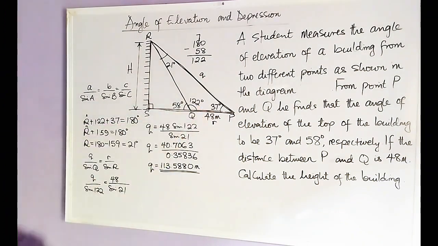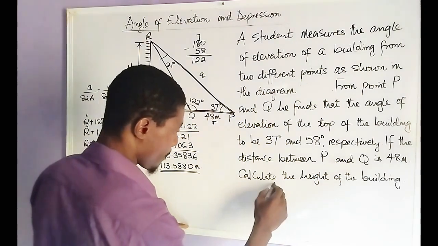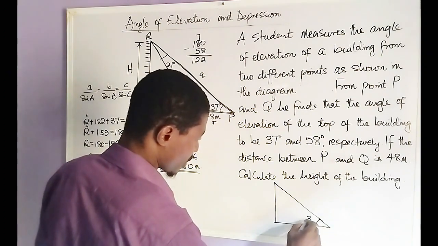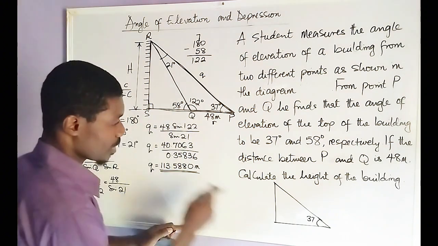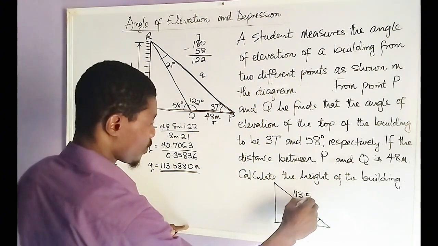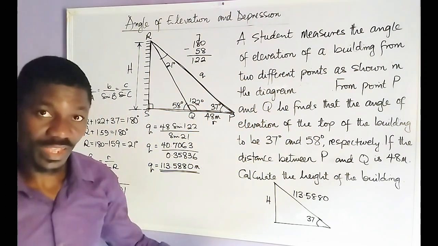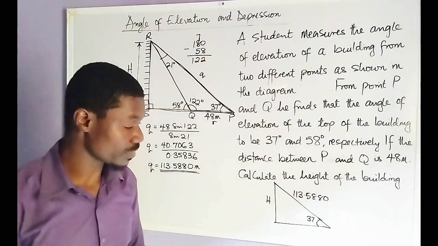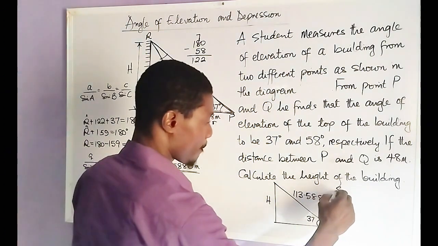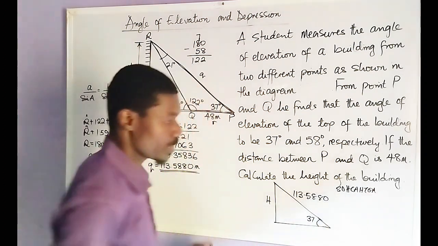Since we've gotten this, let us look at this triangle once again. Here you have 37 degrees, then we have our q, which is 113.5880, and we have our h. From here we get to use SOHCAHTOA.